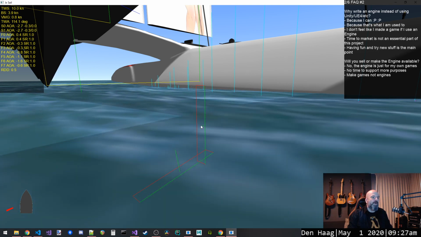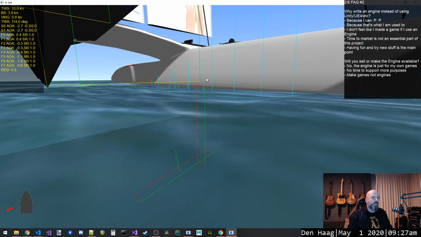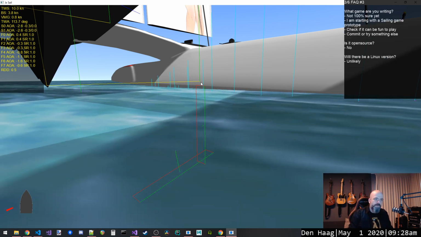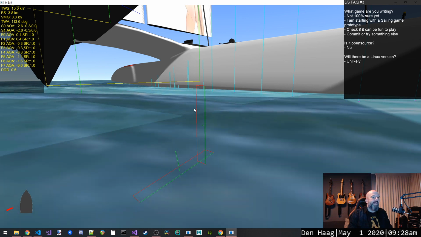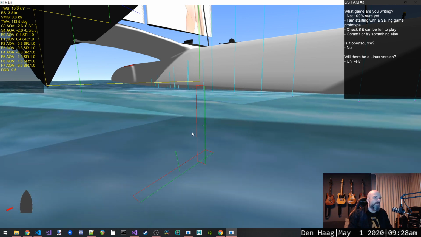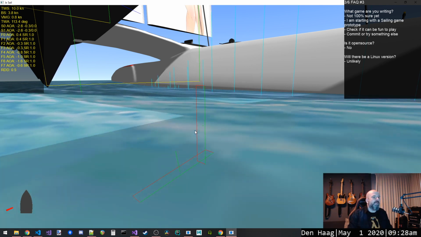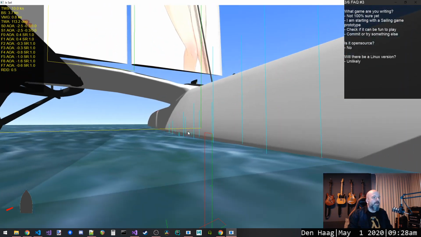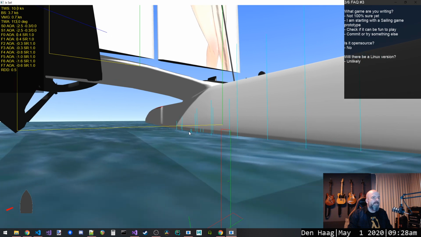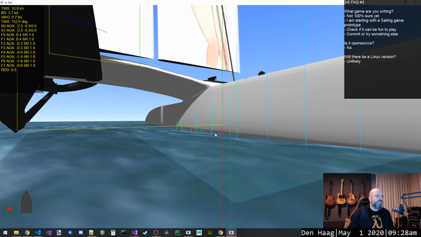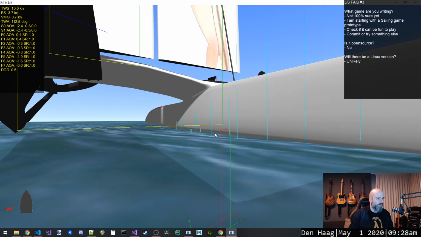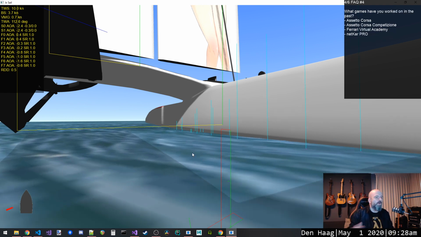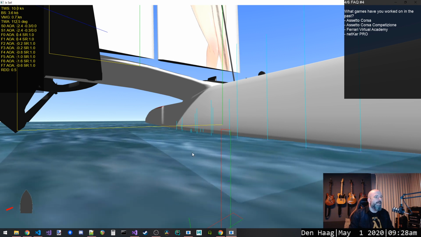They had a point in the middle, and if this point was above the water, they would decide that the entire foil was out of the water. And if it was underwater, they decided that the foil was underwater. Now the calculation is more refined, so they figure out how much of the foil is out of the water. So they adjust the area, and so the force that foil is creating.